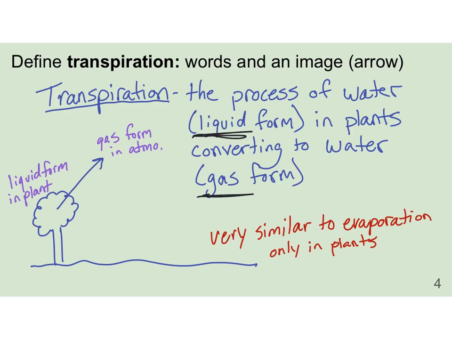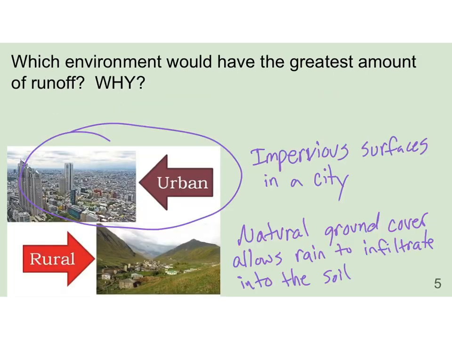Okay, so inside of plants, like a tree here, there's liquid water, and when the plant gets hot, some of that water will evaporate from the leaves, and that water will go from the tree into the atmosphere in the form of water vapor. Okay, it's very similar to evaporation, only it's happening in plants.